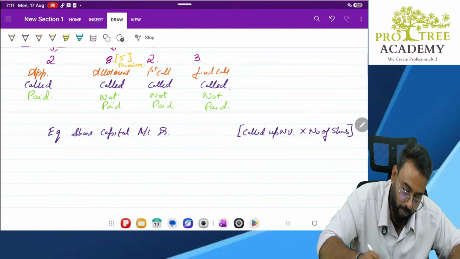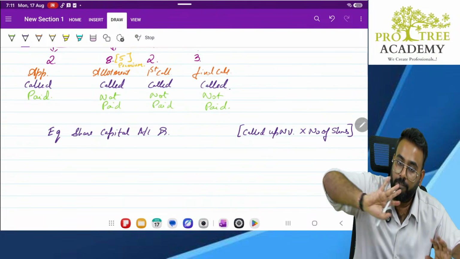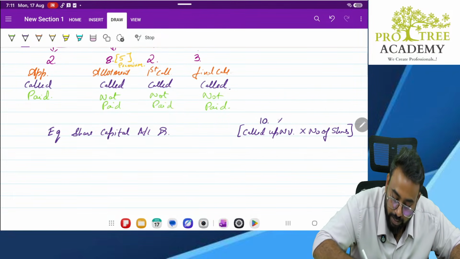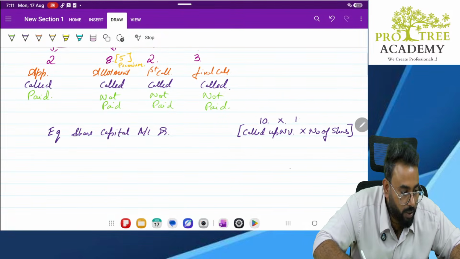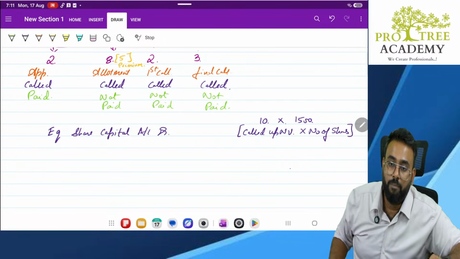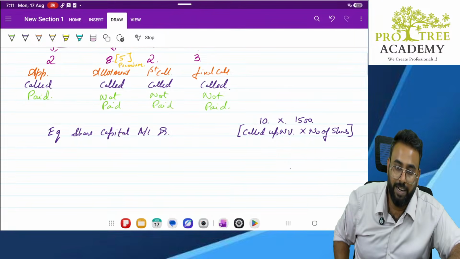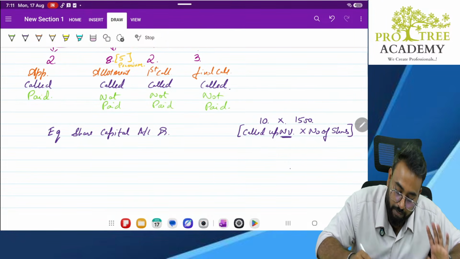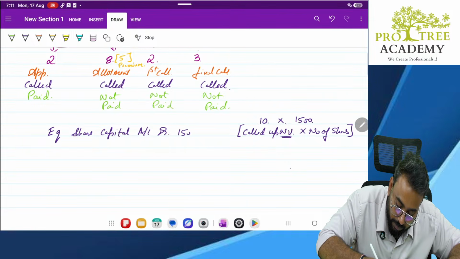What is the called up nominal value? Have we called everything? Yes, sir, all the calls are made. So that means 10 into 1500. Don't use 15. Sir, we have called up 15. No, sir, but 5 rupees is premium. No, don't add that. That is why I am using the word nominal value. Nominal value means only face value.